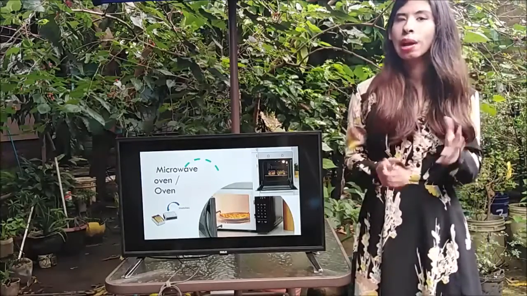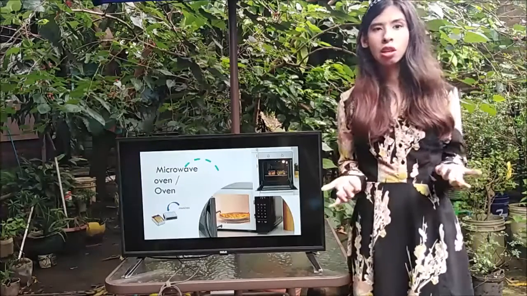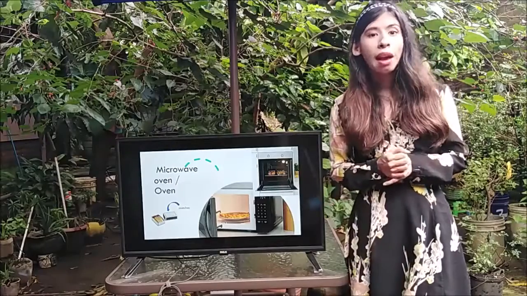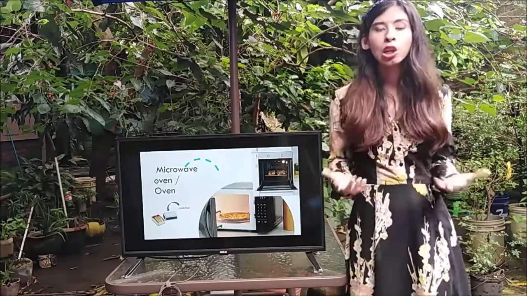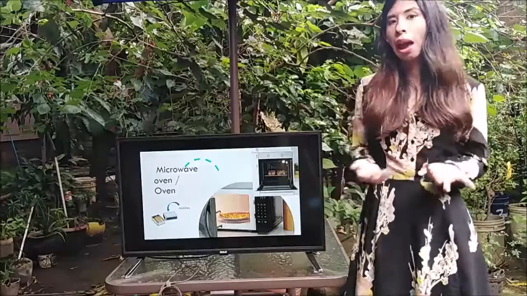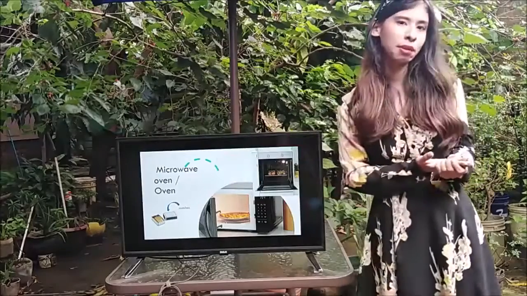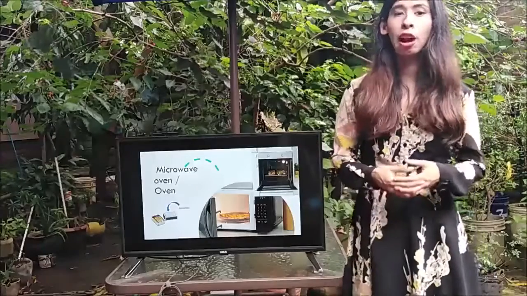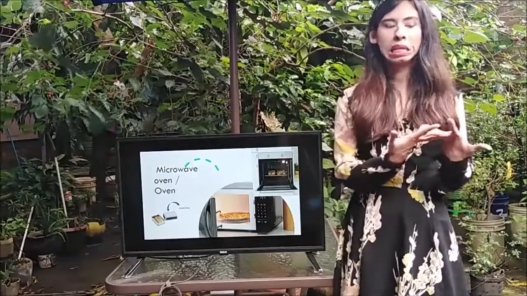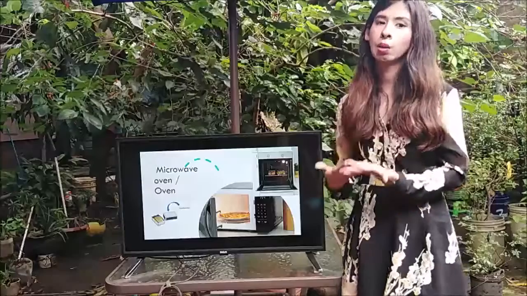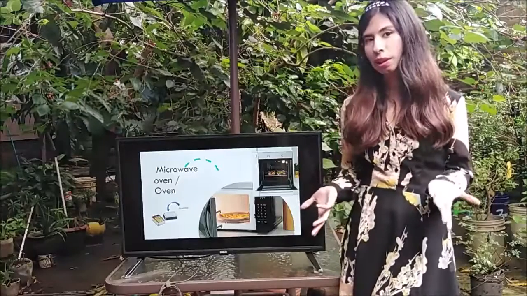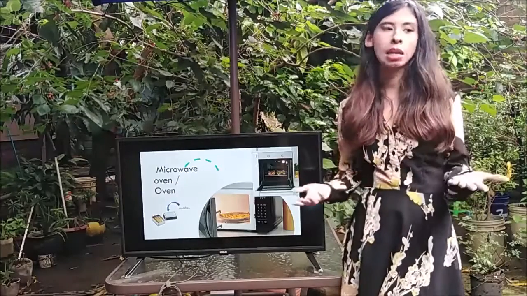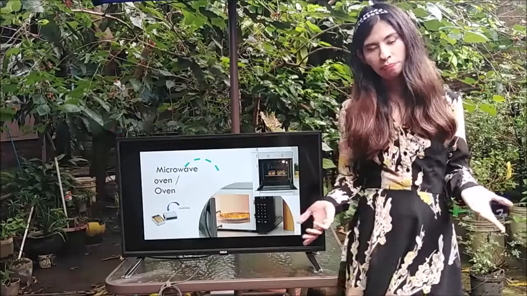It's different to a regular oven, like a convection oven, because we are not using fire to produce heat, but we are actually using microwaves, right? And then we have the regular oven that can be working either with gas or can work also with electricity, and that can help us bake or roast, right?